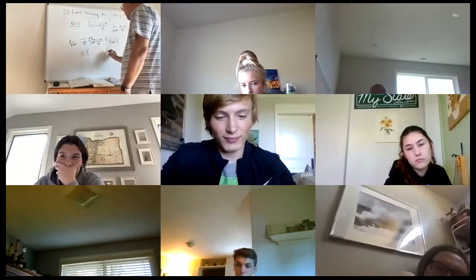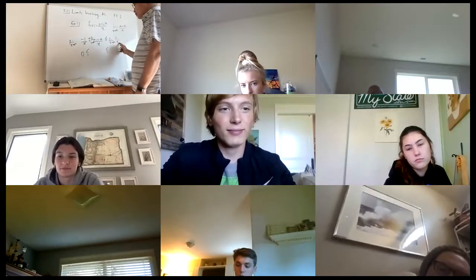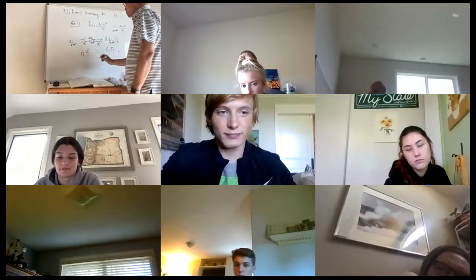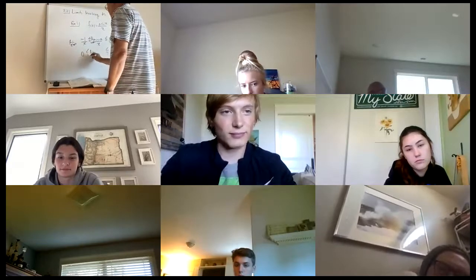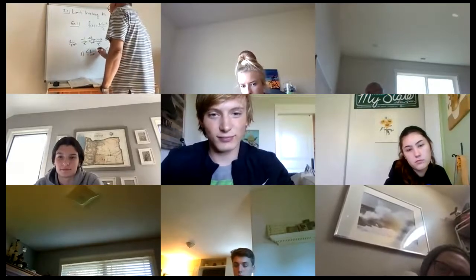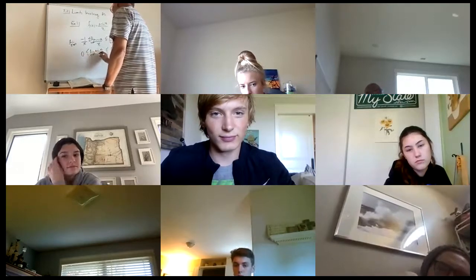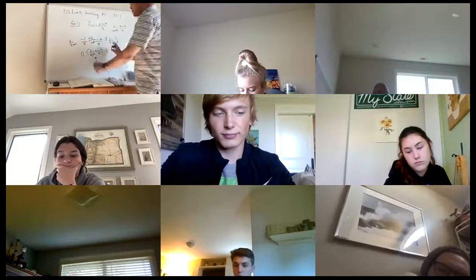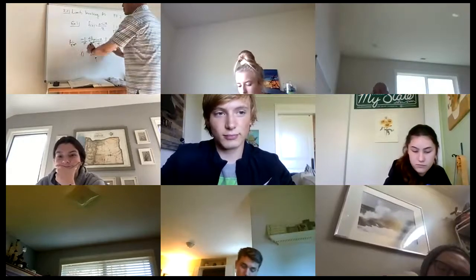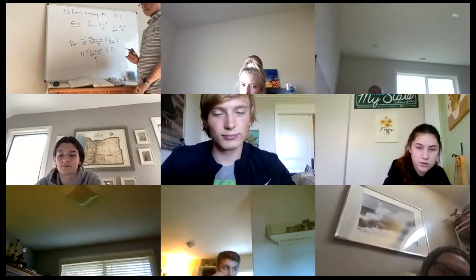Over here it's the same thing: 1 over a billion is 0. So that tells me that as x goes to infinity, sine x over x has to go to 0, because it's squeezed between these two zeros. Okay, all right.